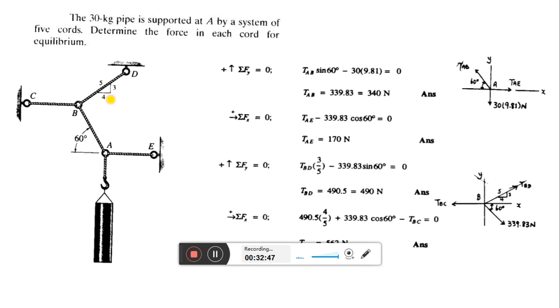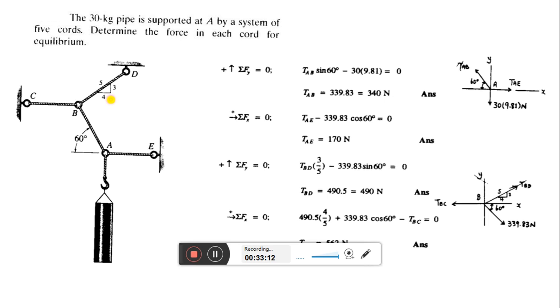This type of problem we call connected body problem. What does it mean? It means you need to draw more than one free body diagram, and from one free body diagram some unknown force you will solve.